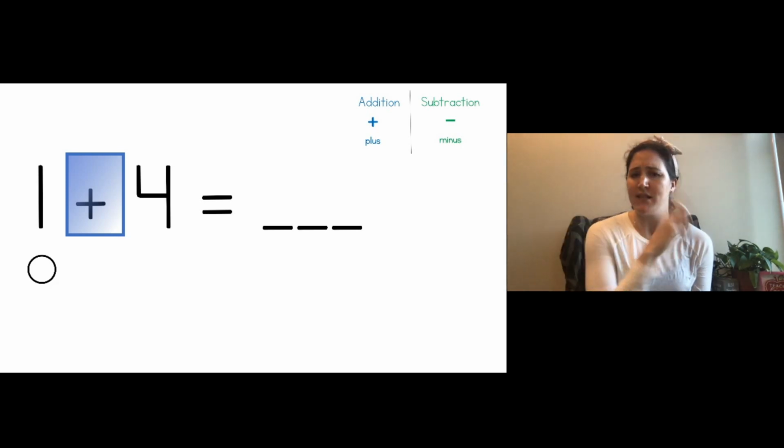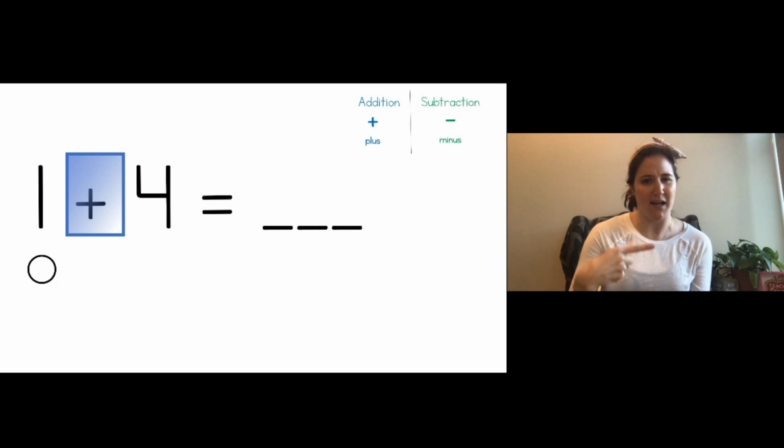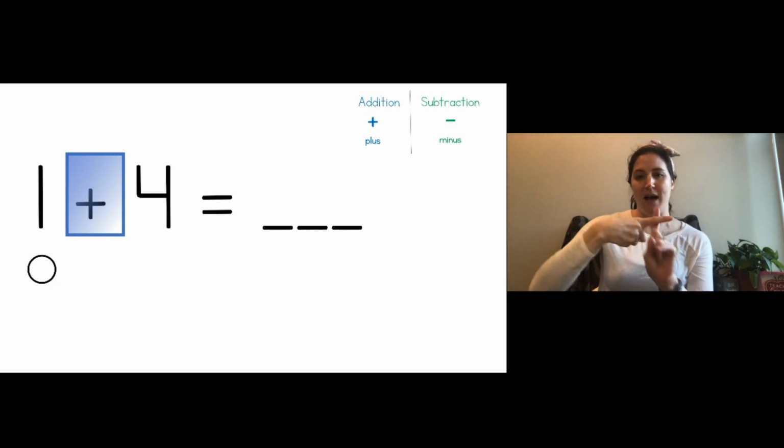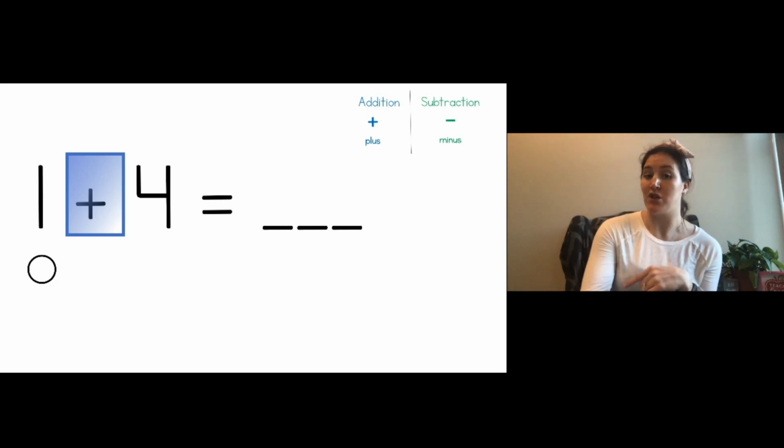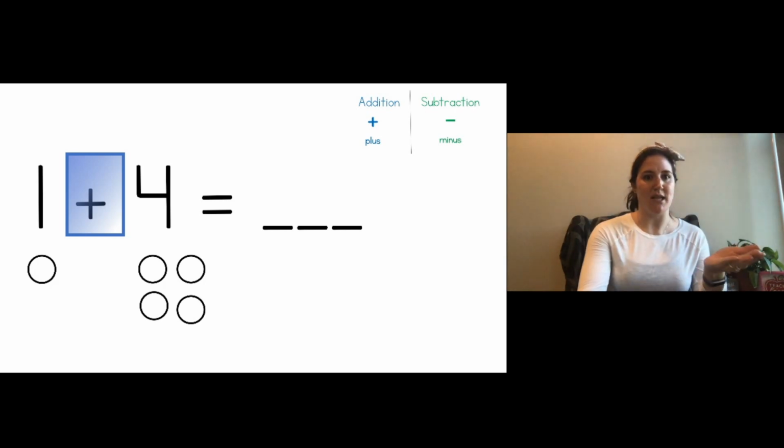We're not crossing off 4 because there's no minus sign. If there was minus, we would be crossing off. But it says plus, so we're going to draw 4 more circles. On your paper, draw 4 more circles with me. 1, 2, 3, 4. So your paper should look just like mine.